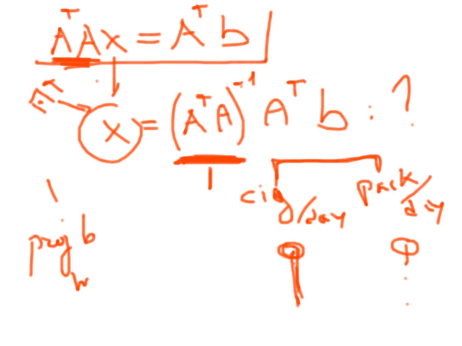This one is the second step. These are the fitted values. Then what's the projection of B on W? Well, this is just AX, where X is this one. So in this case you just have to write A times all that formula.